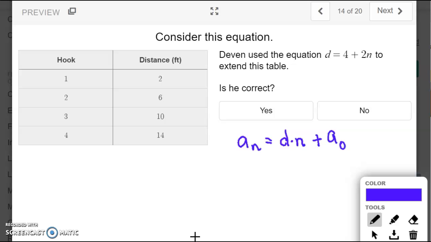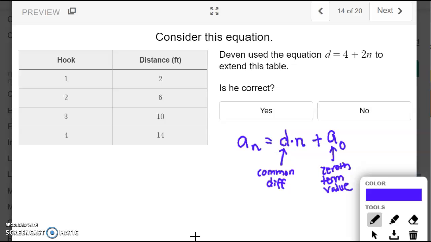So what is the zeroth term value and what is the common difference? This is the common difference, or whatever you're adding, and this is the zeroth term value.